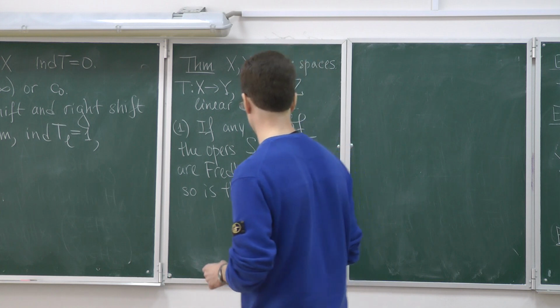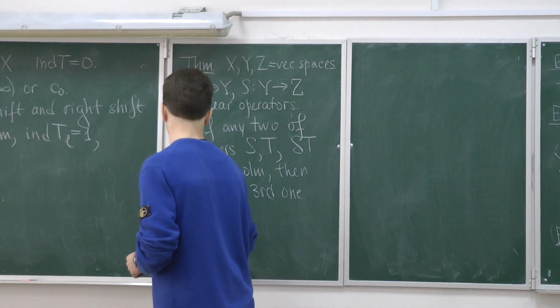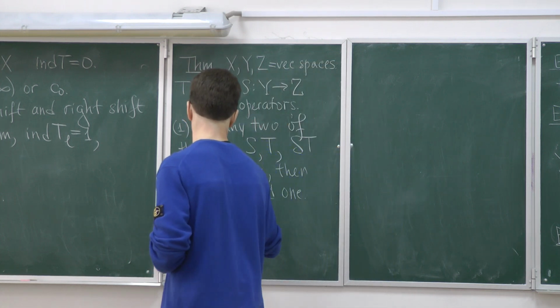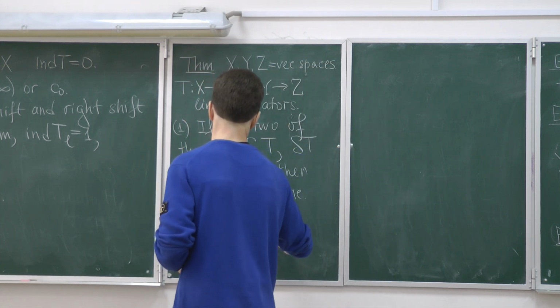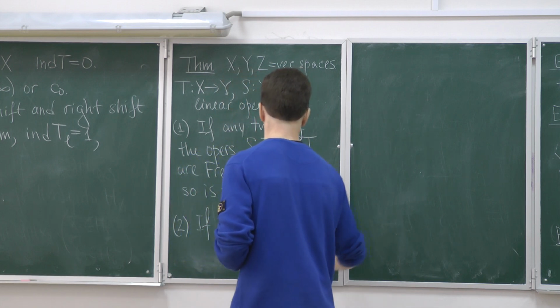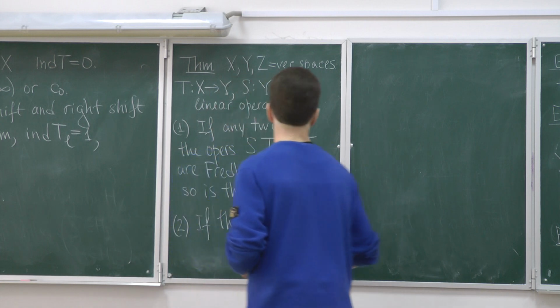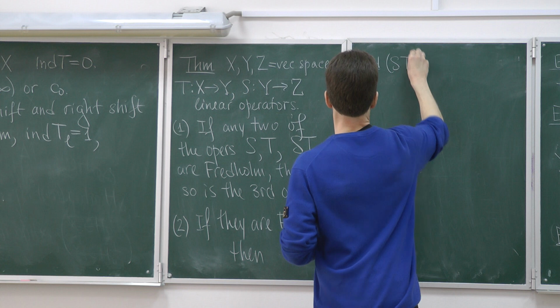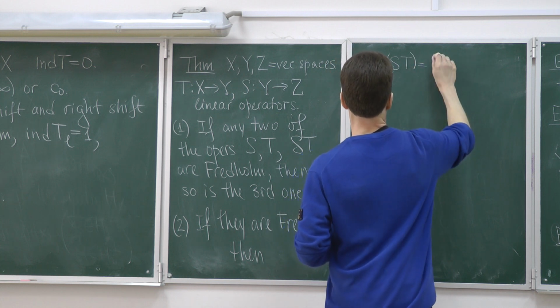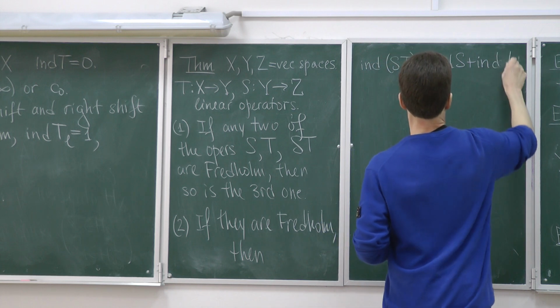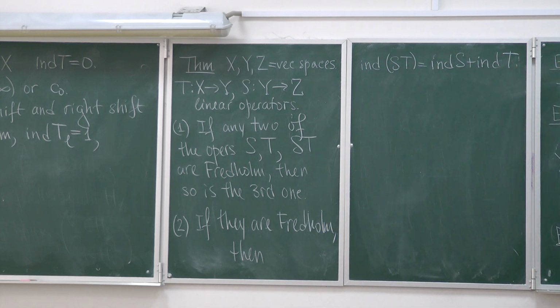Property 2, if they are Fredholm, then we have the following formula. The index of ST equals the index of S plus the index of T. So the index is additive in this sense.